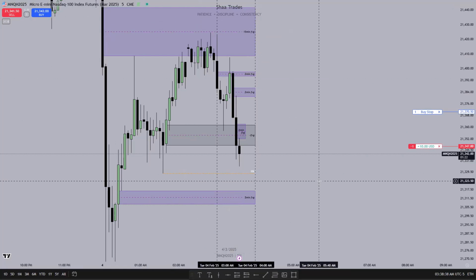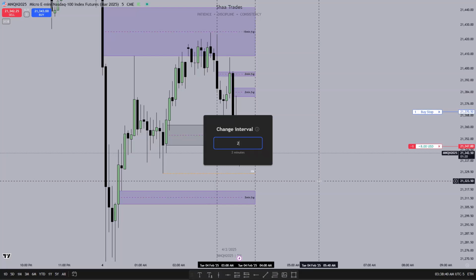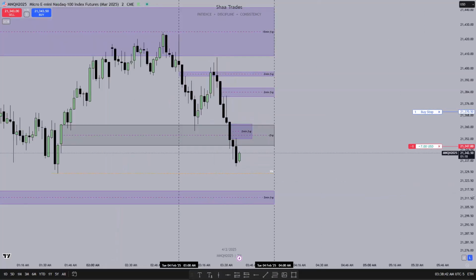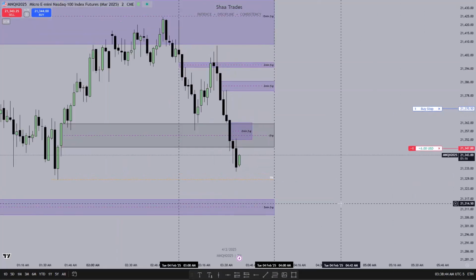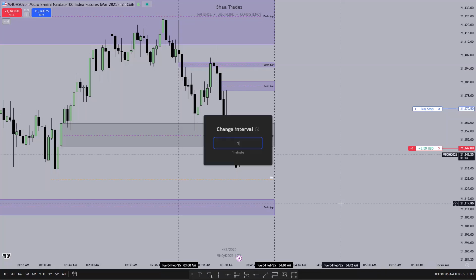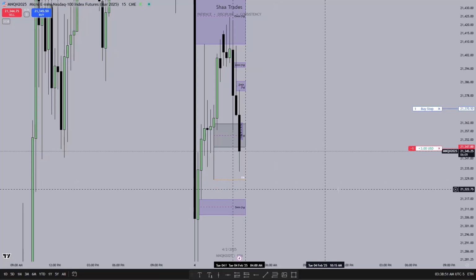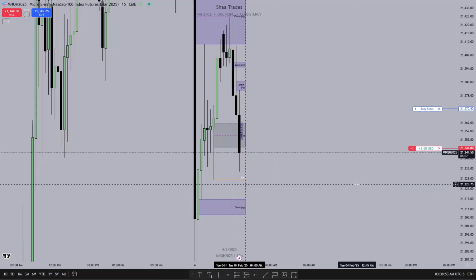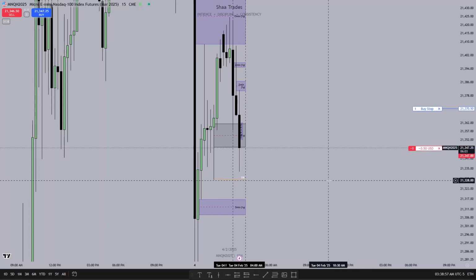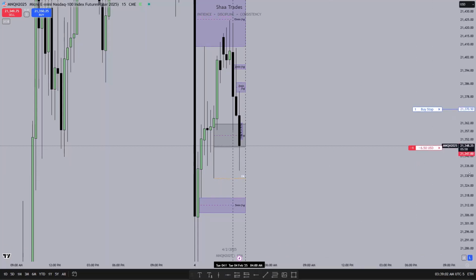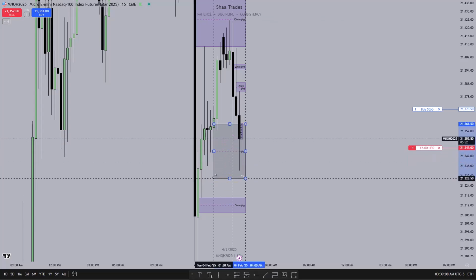Let's go back up to the 2 minute. See what price does there. Okay. Let's go back to 15. Now we're just cycling through time frames to see what price is doing. Okay. I think price is just reacting off of this. Let's see how it looks here.